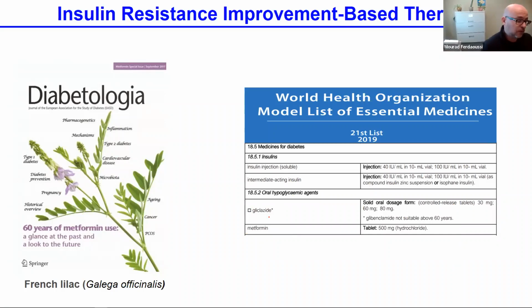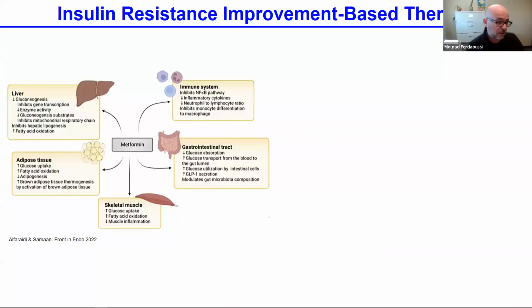But metformin, as opposed to the sulfonylurea, has a very potent anti-diabetic effect because it improves the insulin resistance that I discussed before. So the organs are more sensitive to the insulin. And the main effect of metformin is that it reduces gluconeogenesis, so it reduces the production of glucose by the liver.